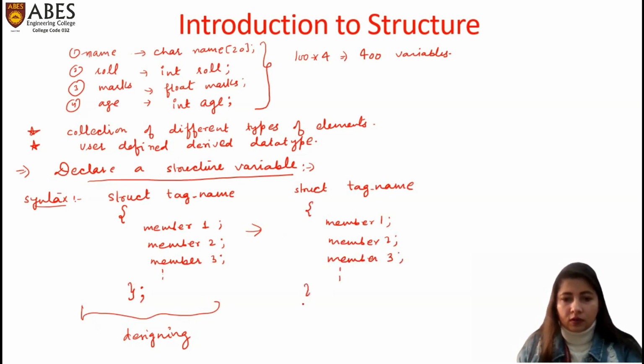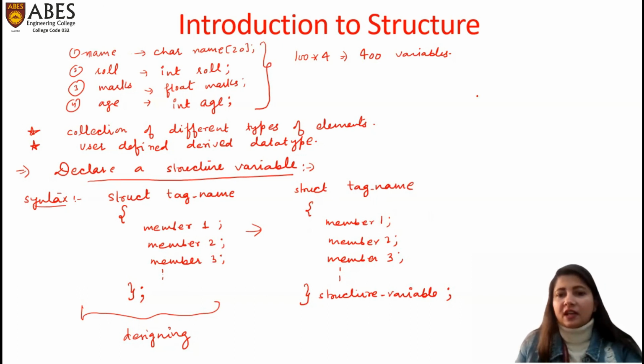and so on. So here we can write it like structure variable along with a semicolon. The structure variable can be declared outside the main function as well as inside the main function.